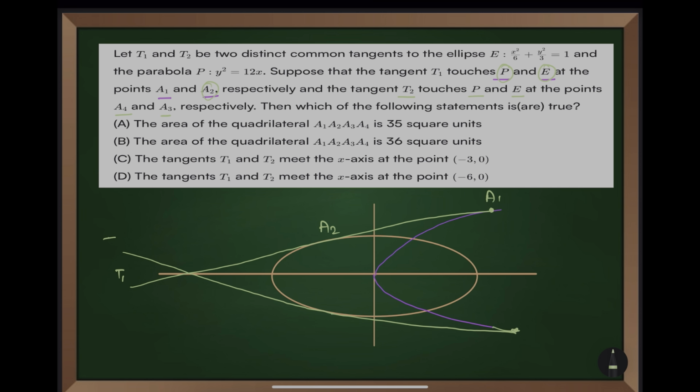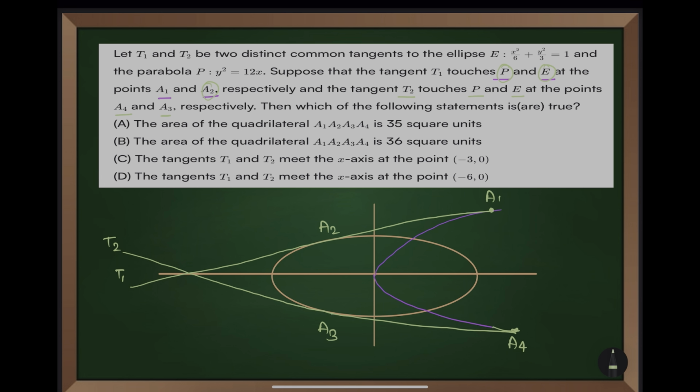So your T2 is touching parabola P at A4 and ellipse at A3. Perfect. Then which of the following statements is or are true?